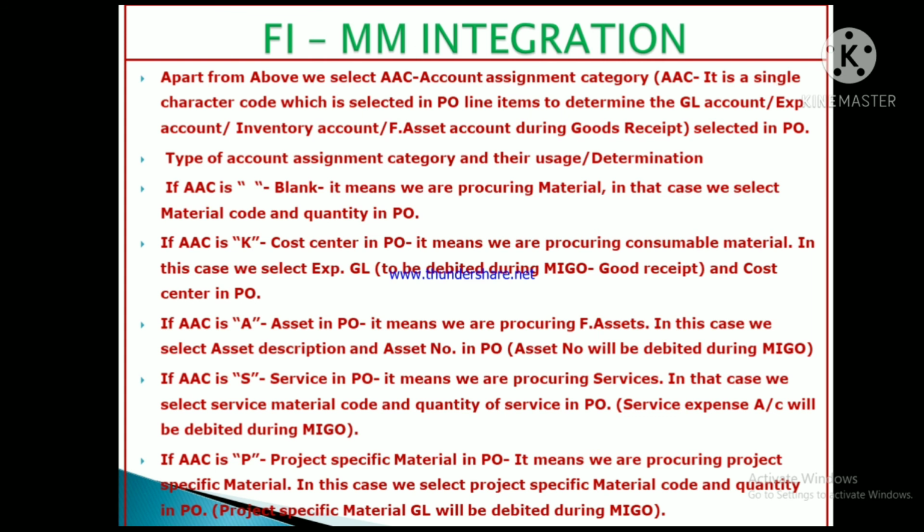After creation, the PO will be approved by the approving authority. These are the information which we enter into the PO by the procurement department. But as an FI consultant, you should know each and every step of the process.